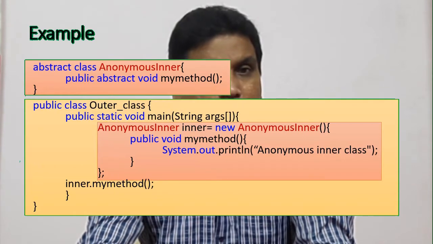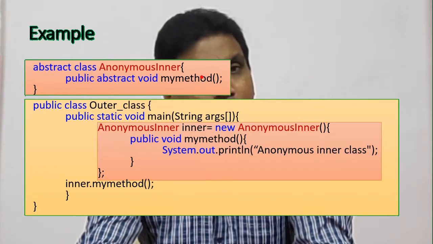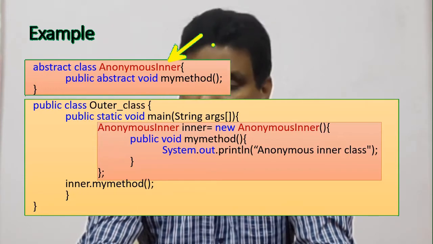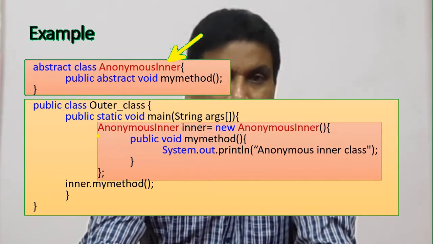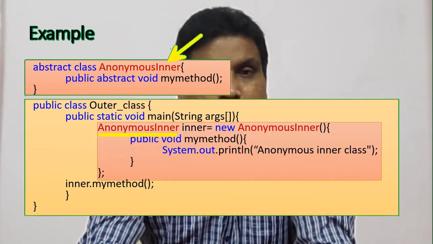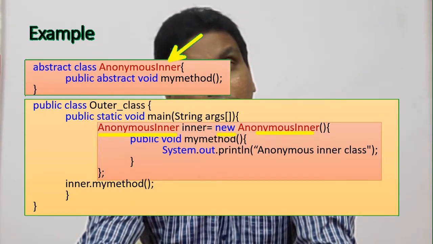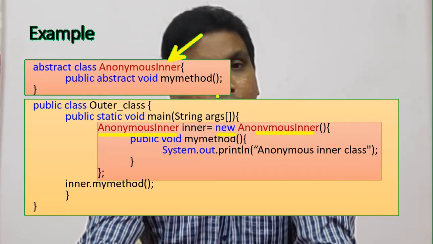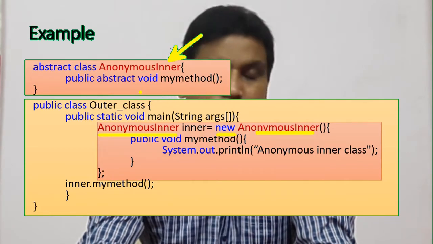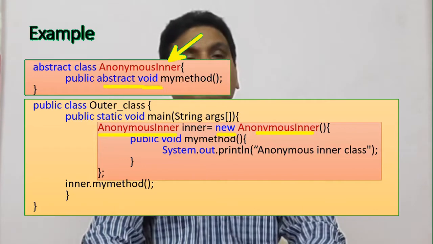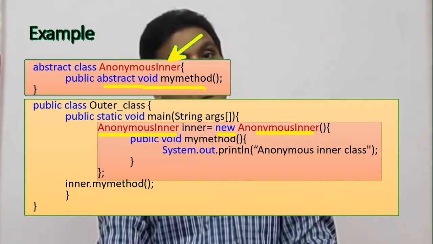And what I want to do is get an instance of this anonymous class. So within this method, I try to create a new instance of that anonymous class. When I try to create an instance of this particular class, I need to provide the body for this abstract method.